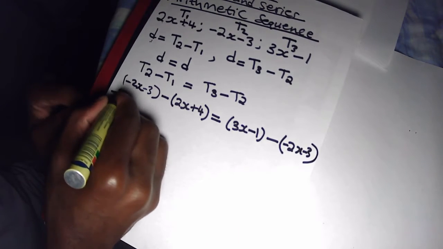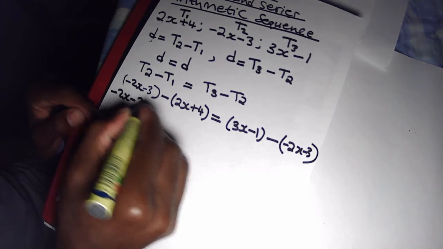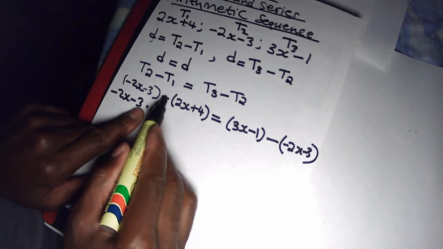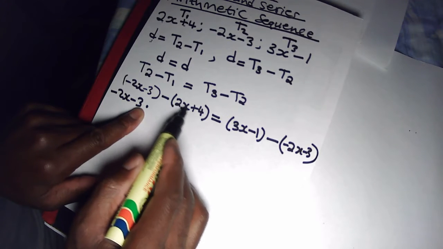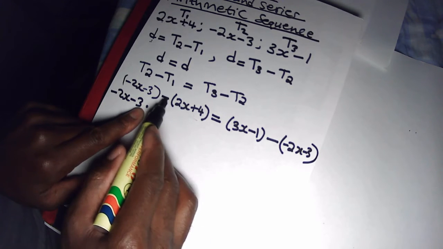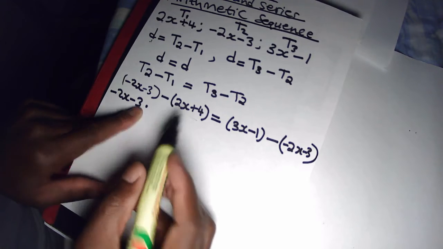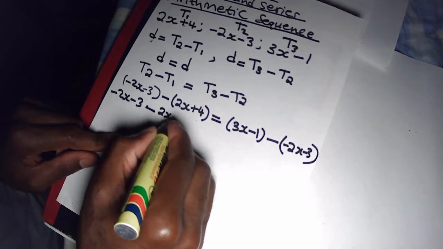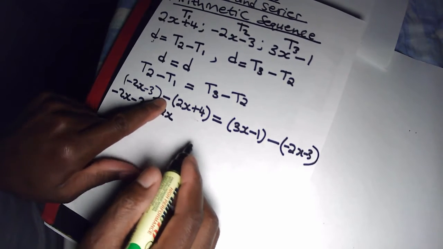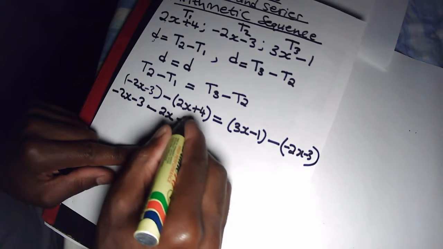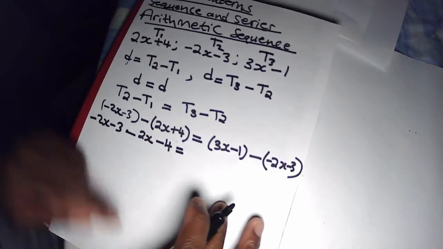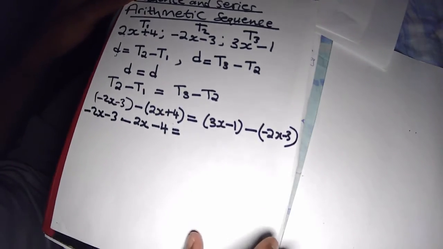Now we are going to multiply the negative inside the parentheses. I'm just going to copy this as it is. When we are here, we need to multiply the negative inside this parenthesis. So negative times positive 2, that is negative 2x. Negative times positive 4, we get negative 4, is equal to, I hope you guys are following.